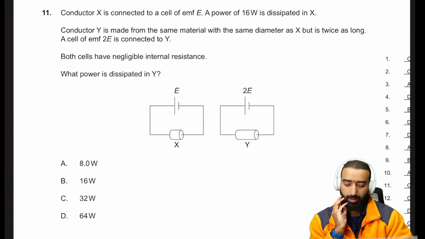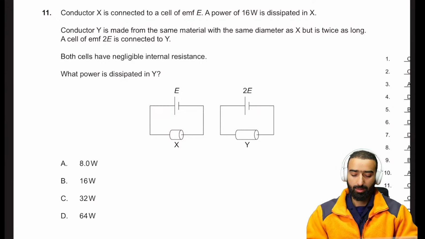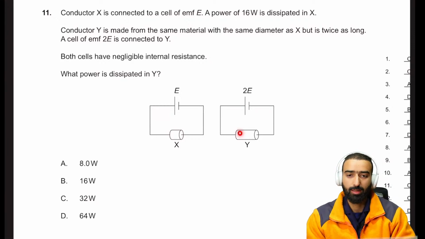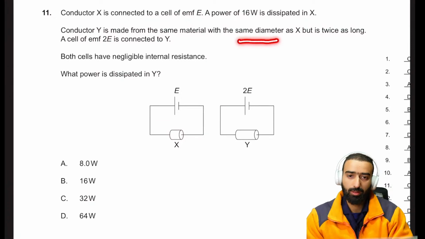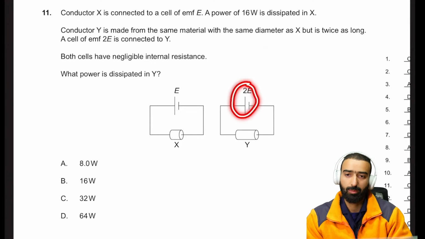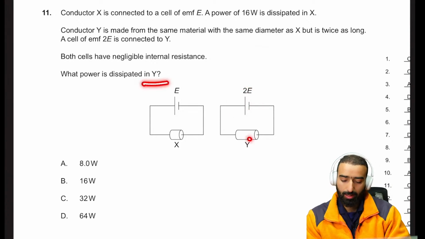Conductor X is connected to a cell of EMF E, and it dissipates 16 watts of power. Conductor Y is made from the same material, but it has the same diameter and is twice as long. It's connected to a cell of EMF 2E. What is the power dissipated in Y?